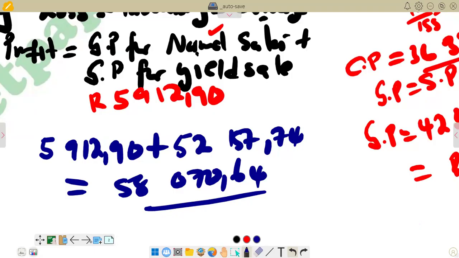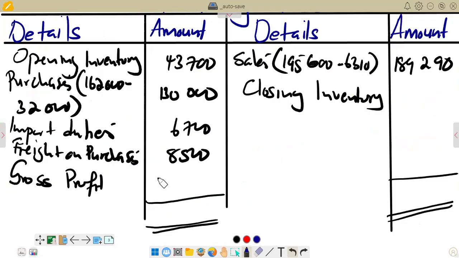So we can take this figure and come to the trading account now. We are now saying our gross profit is 58,070.64. And then now, if you add, you see that debit is greater than the credit.